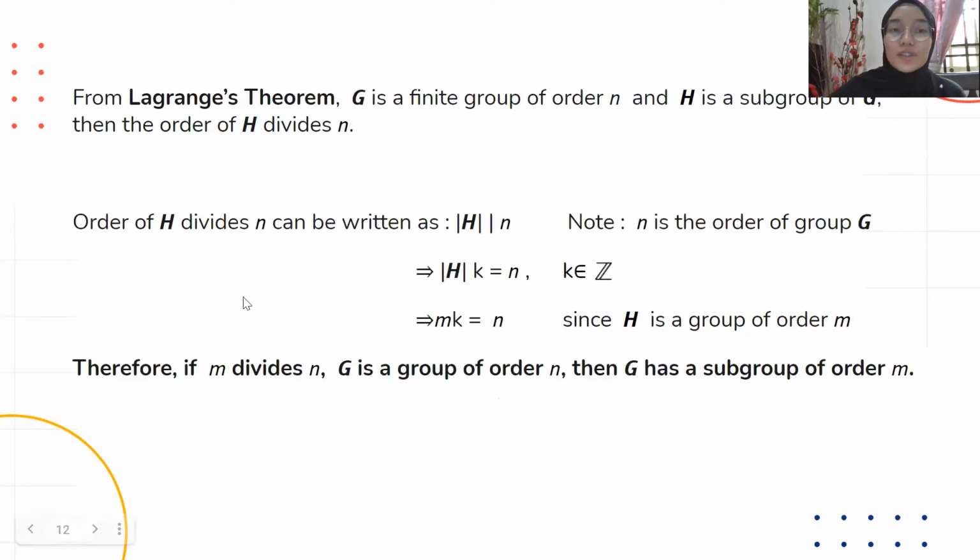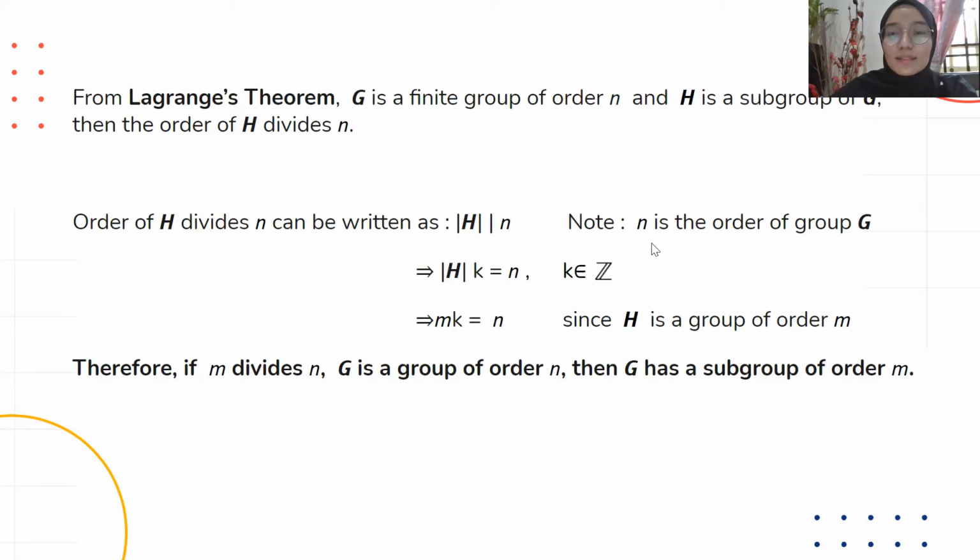So from Lagrange's theorem that has been given in the SCL document, if G is a finite group of order n, and H is a subgroup of G, then the order of H divides n. So the order of H divides n can be written with this notation, as a divisor of n.